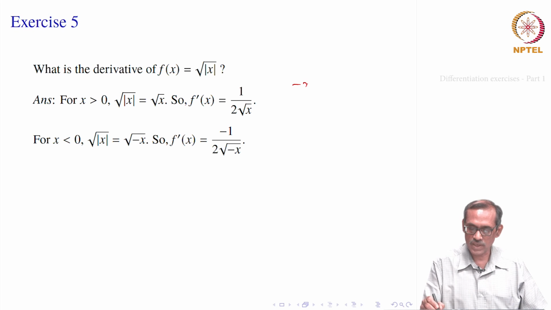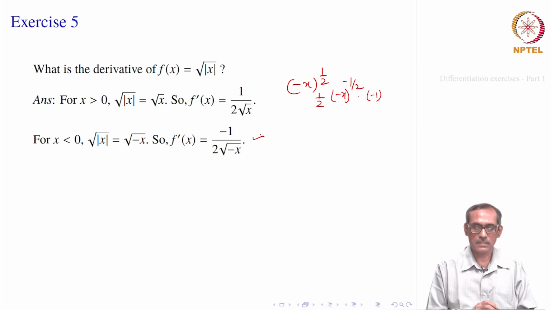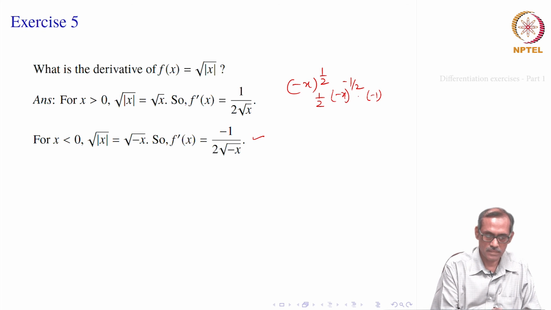So it will be half times minus x to the power minus half, and we keep that as it is since minus x is positive, and then multiply by d of minus x with respect to x, which gives minus 1. So you get minus 1 divided by 2 square root of minus x. Since x is negative, square root of minus x is meaningful.